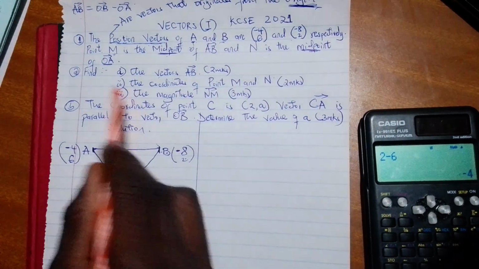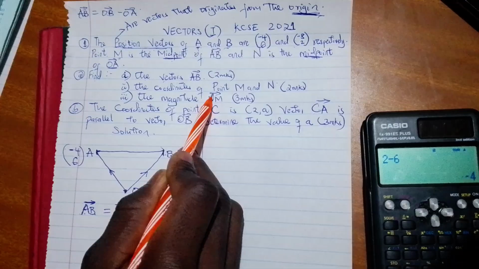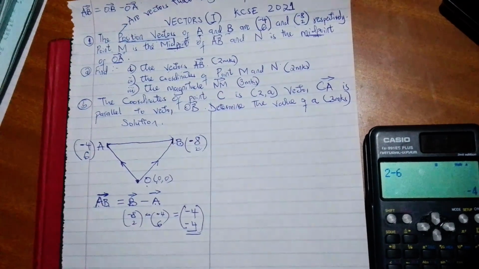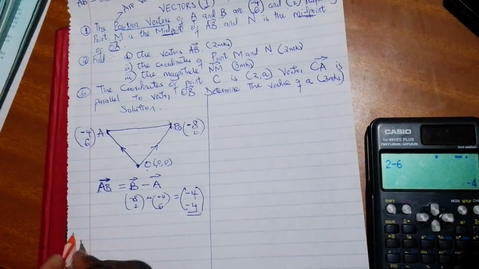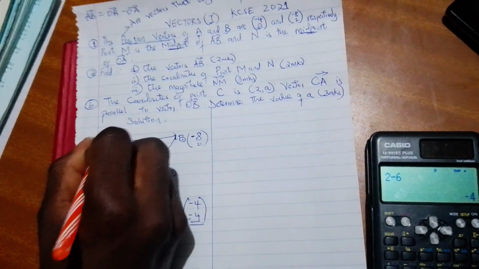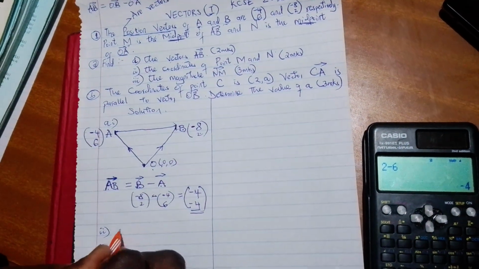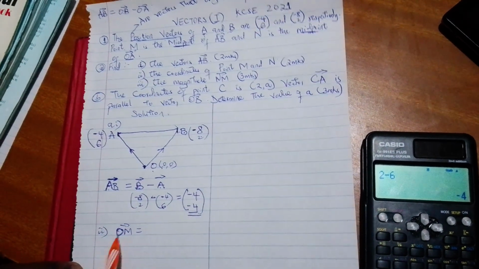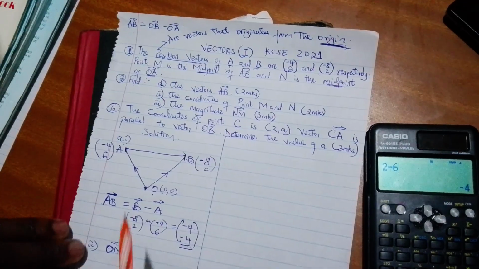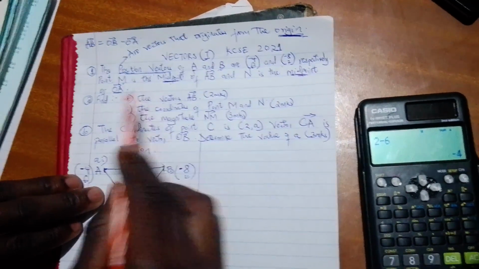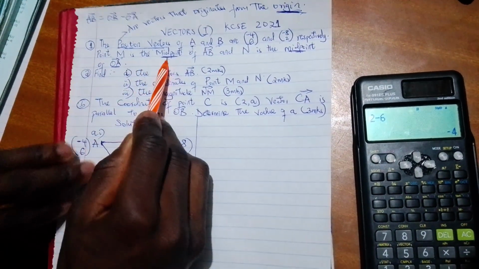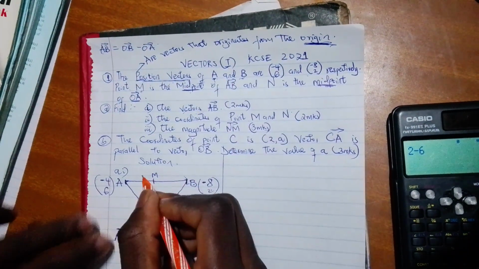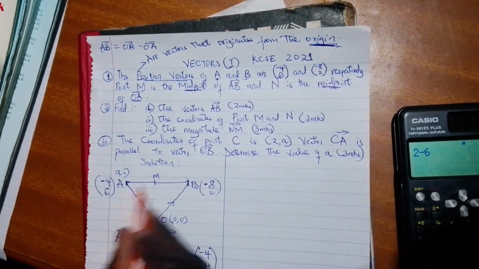Then part B: find the coordinates of points M and N. Let us start with M. Finding the coordinates of point M is like getting the position vector of M, which is OM. How do we calculate this? Remember in the stem of the question, they are saying that M is the midpoint of AB.